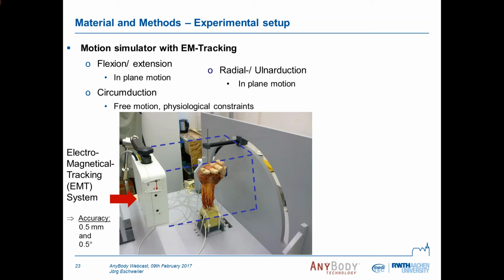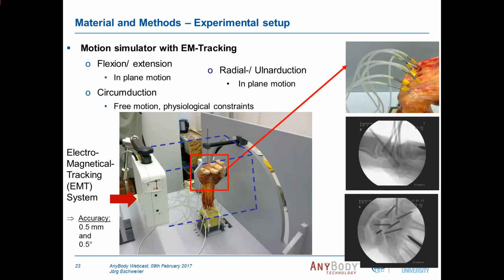The picture which you can see here shows an overview of our test setup. We implanted the sensors of the electromagnetical tracking system directly into the carpal bones, as you can see here on the right side on the X-rays.